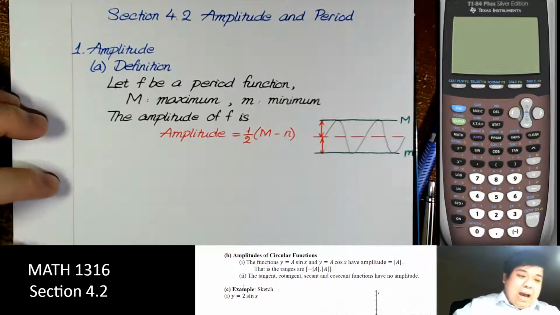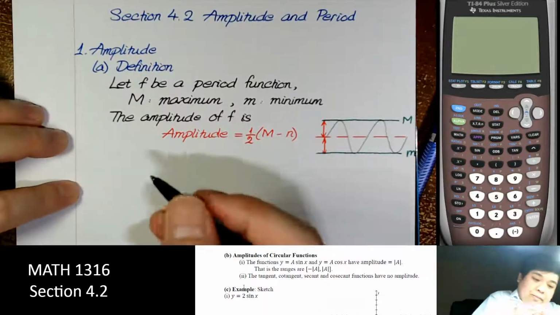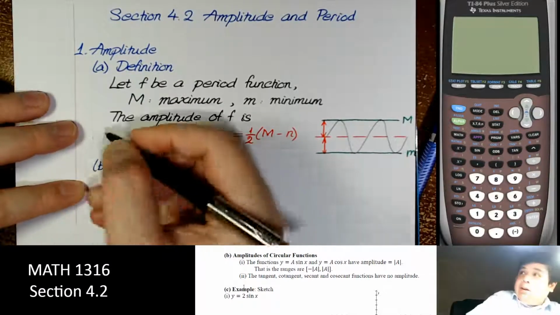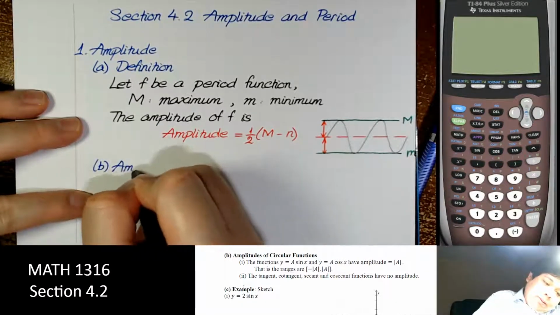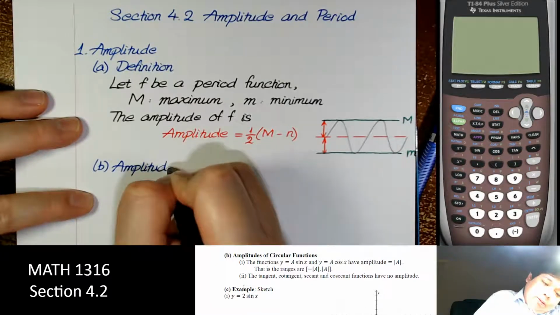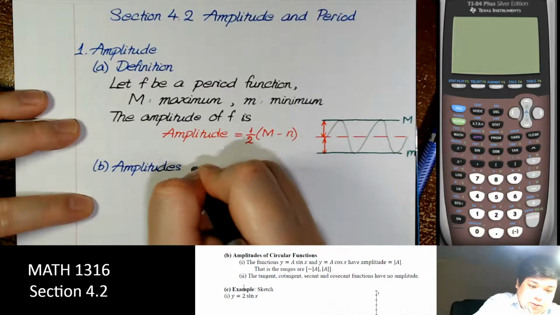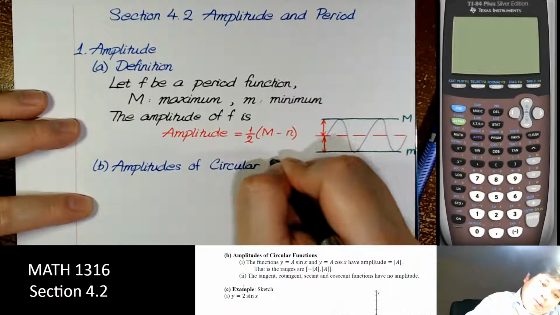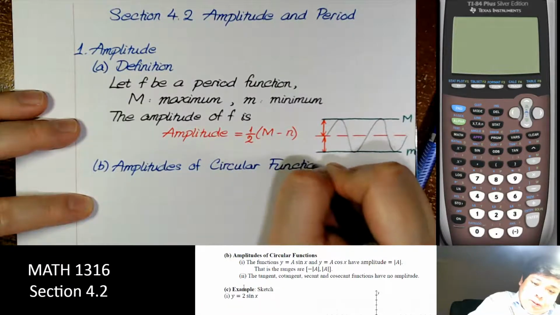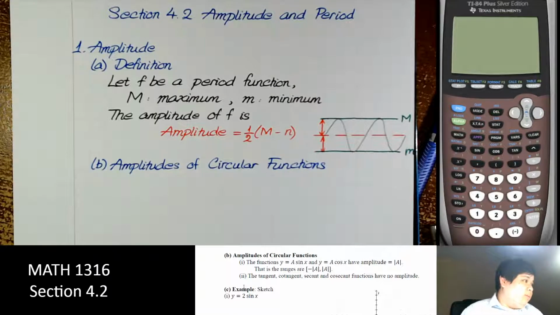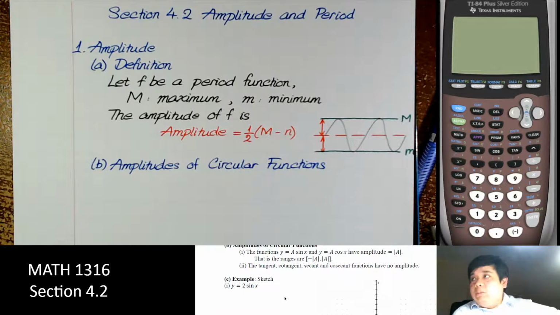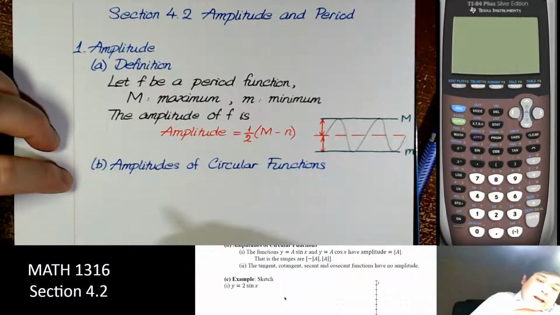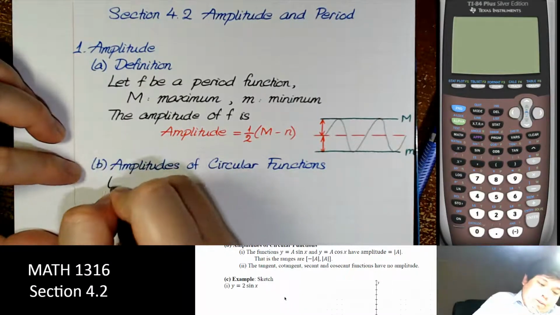Right. Amplitude of circular functions. This is only for sine and cosine.